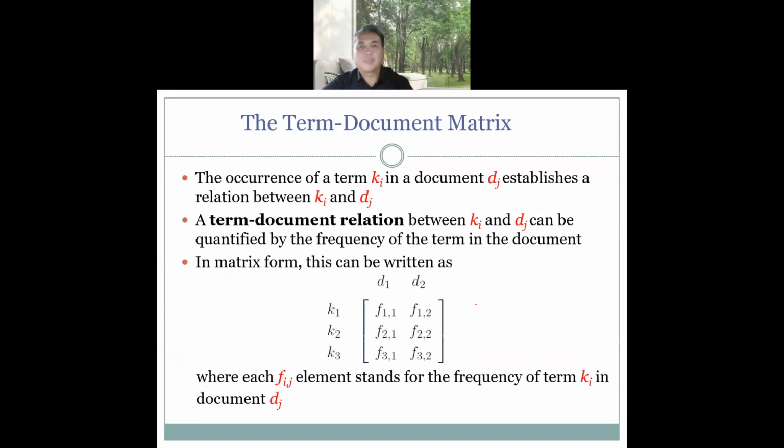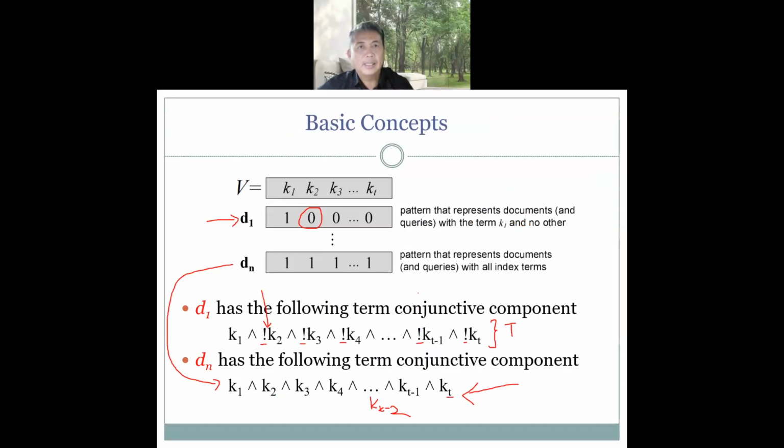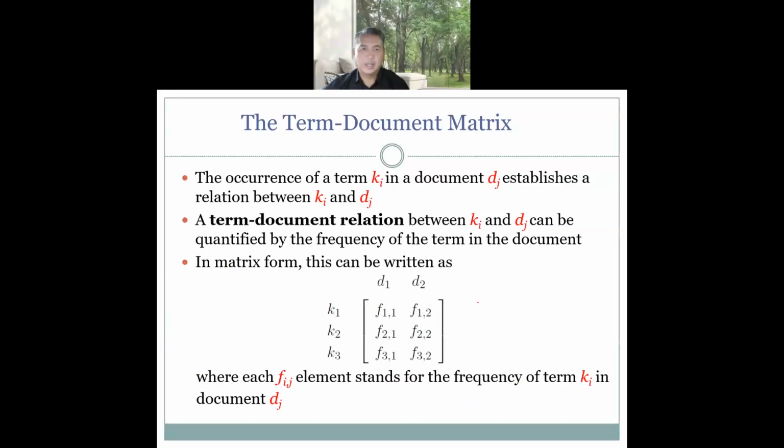Okay, so now we will have what we call the term document matrix. We use the term document matrix to show the frequency of the keyword that exists in the document. So if we have this F here, this is the frequency of keyword 1 in document 1. This one refers to the frequency of keyword 3 in document 2.